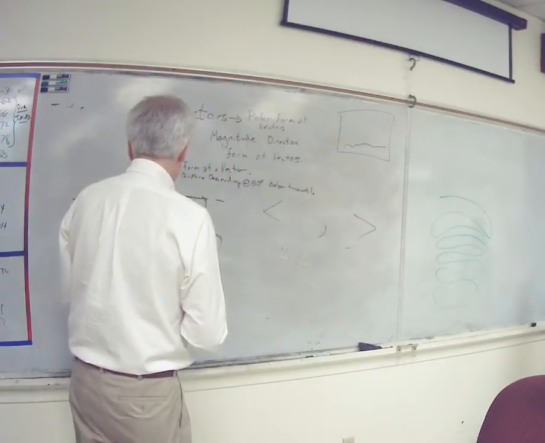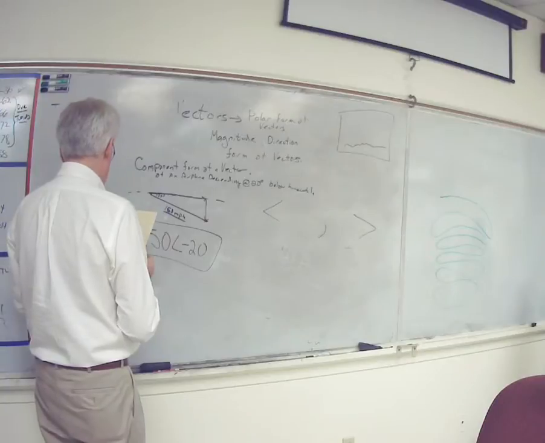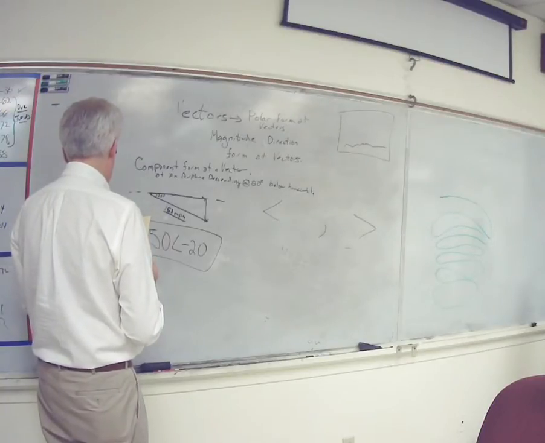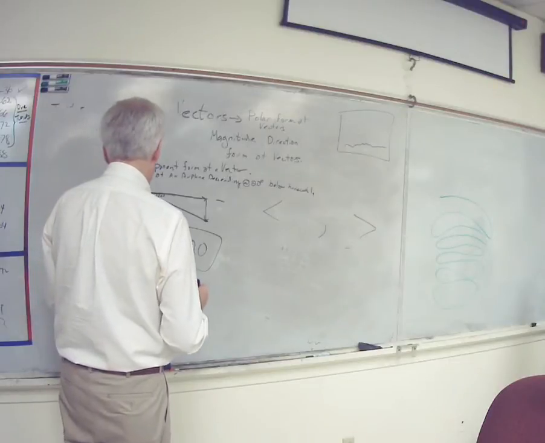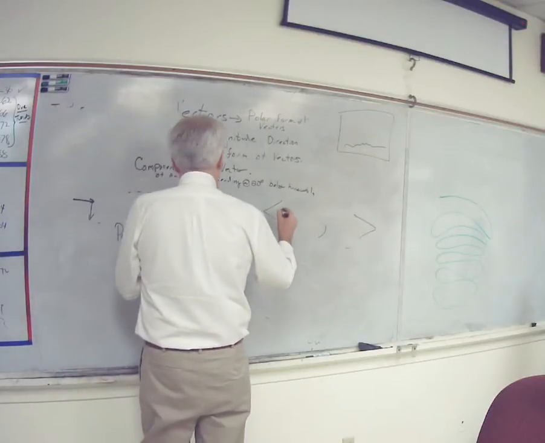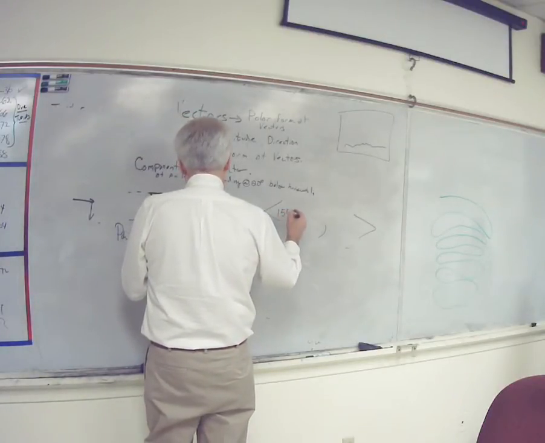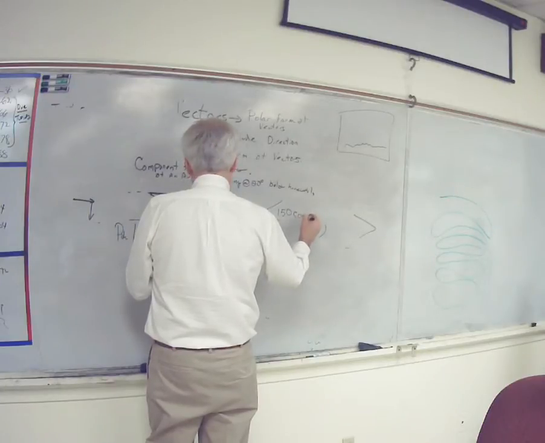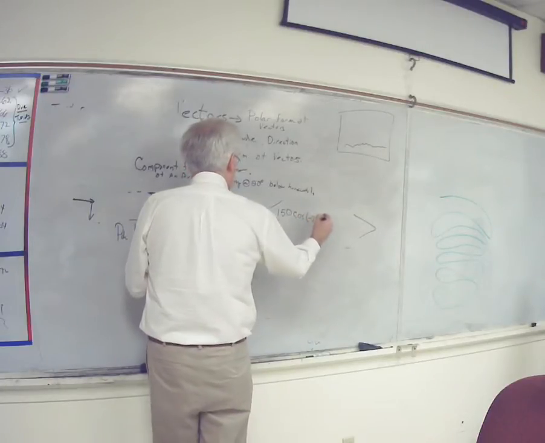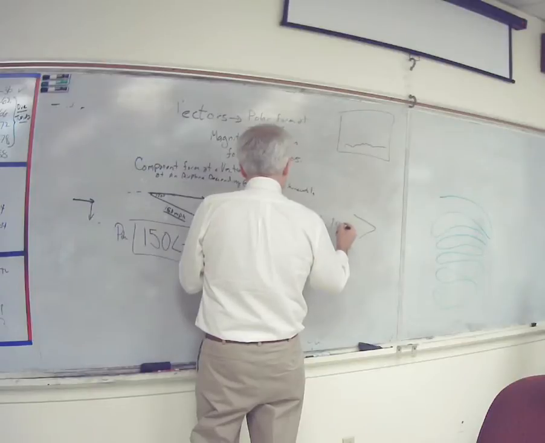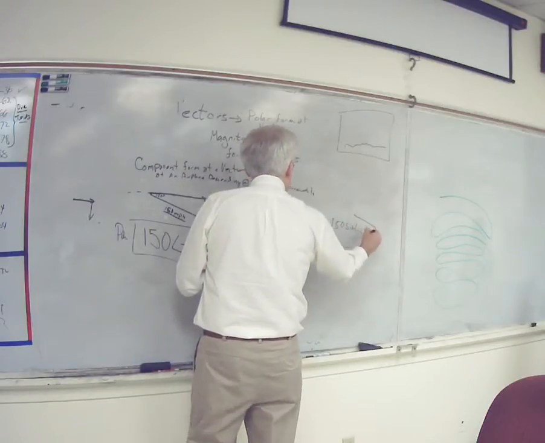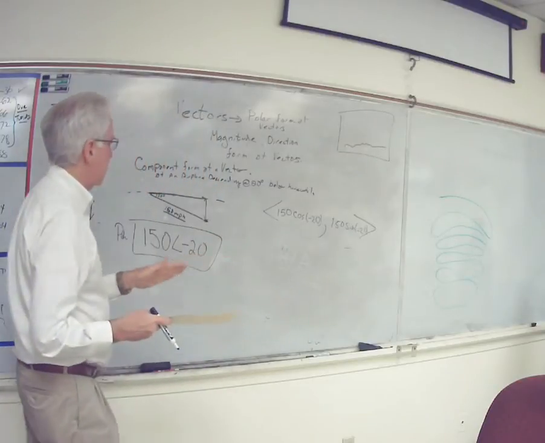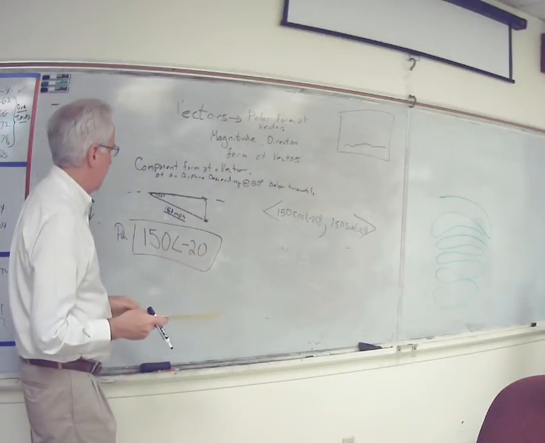What I can see really clearly is that I can just put in those equations I had earlier: this is 150 cosine of minus 20, and this is 150 sine of minus 20.